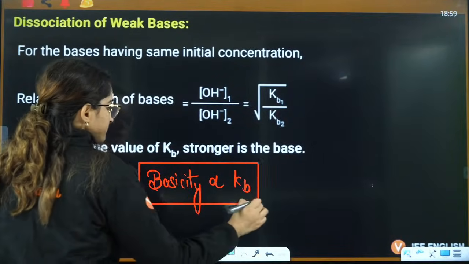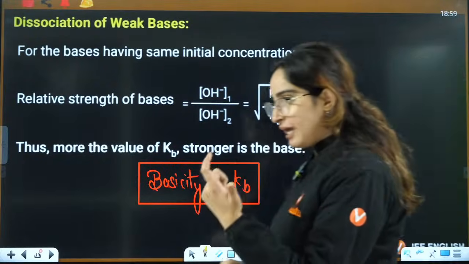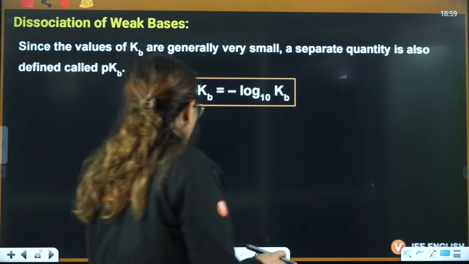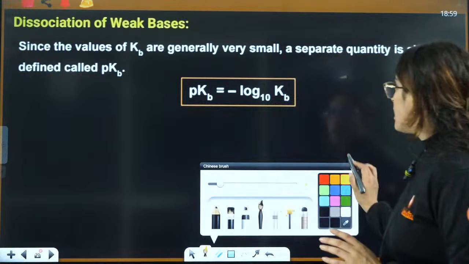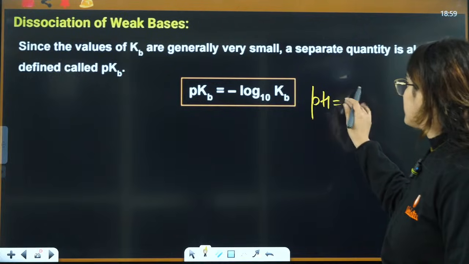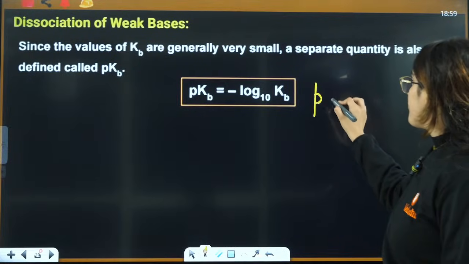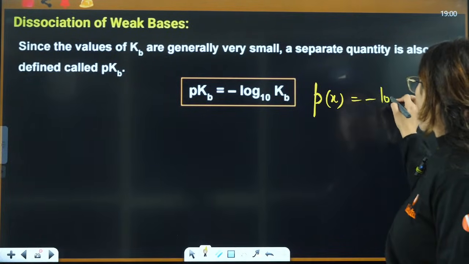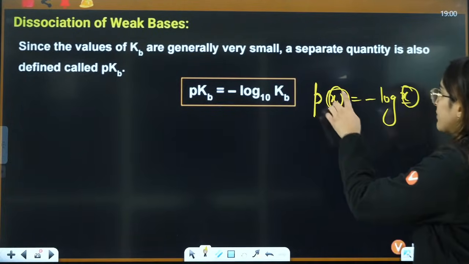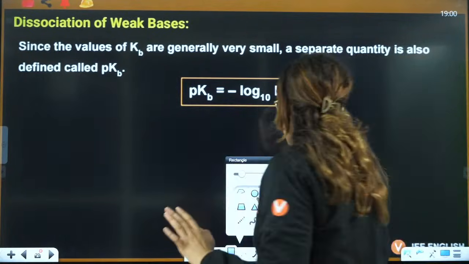Now, like we defined pKa, here we will define pKb. pKb is equal to minus log base 10 of Kb. What I told you, P of anything, let's say P of X, that will be equal to minus log of X. So here this X is Kb, so pKb is equal to minus log of Kb, right? That is the formula always.